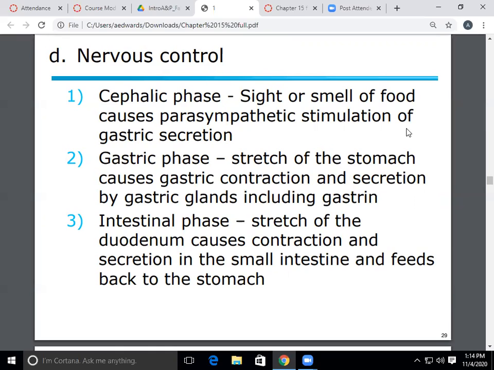The gastric phase is in the stomach, intestinal phase is in the intestines. The stretching of your duodenum is going to stimulate contraction of the duodenum and secretion of chemicals into the small intestine. It sends feedback information back to the stomach.